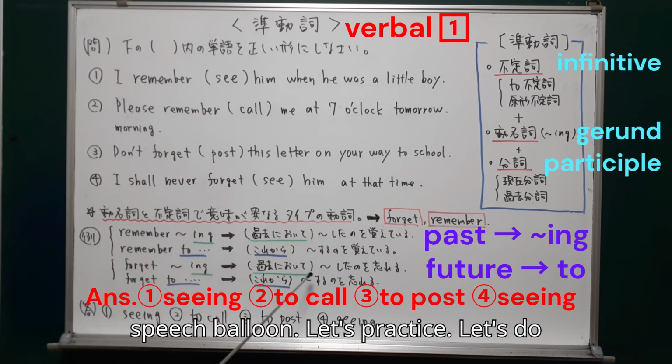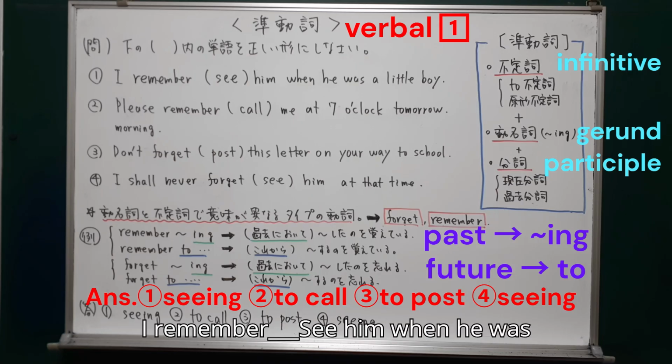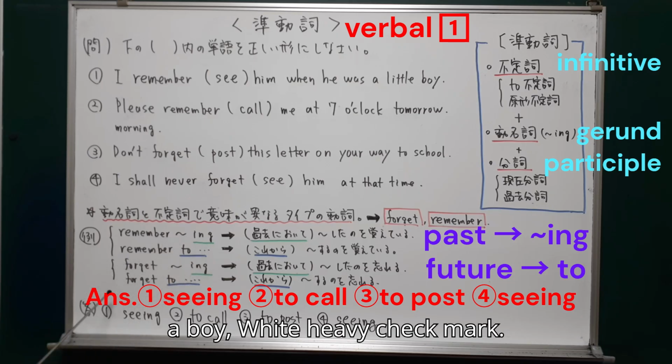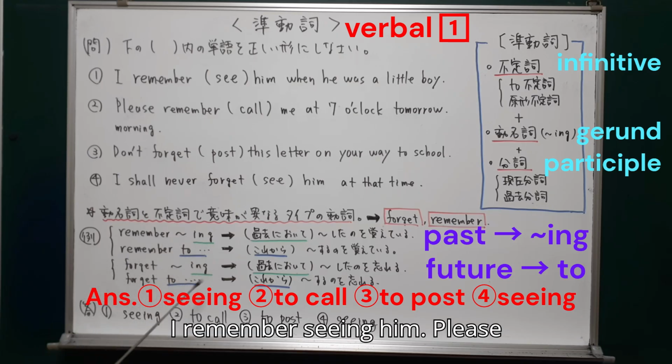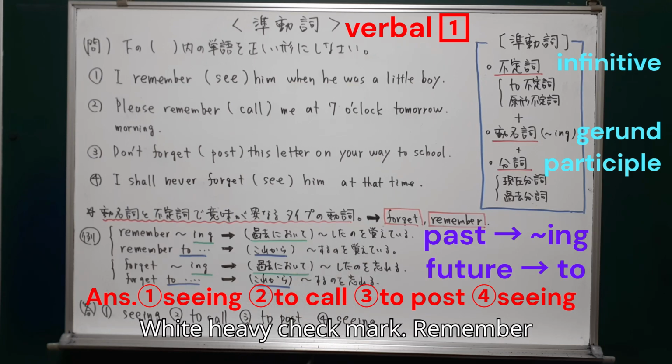Let's practice. Let's do a few together. I'll say the sentence, you fill in the blank. I remember blank, see him when he was a boy. I remember seeing him. Please remember blank, call me at 7 o'clock tomorrow. Remember to call me.